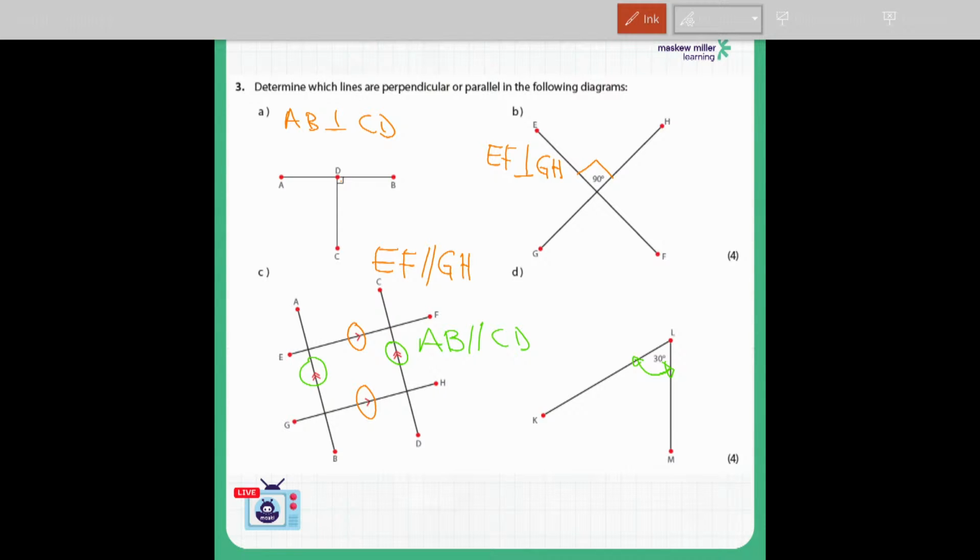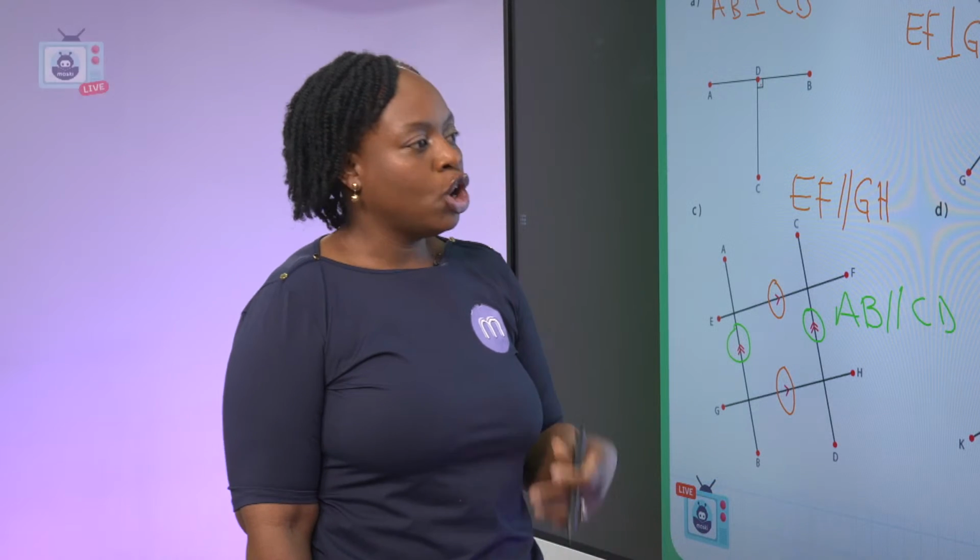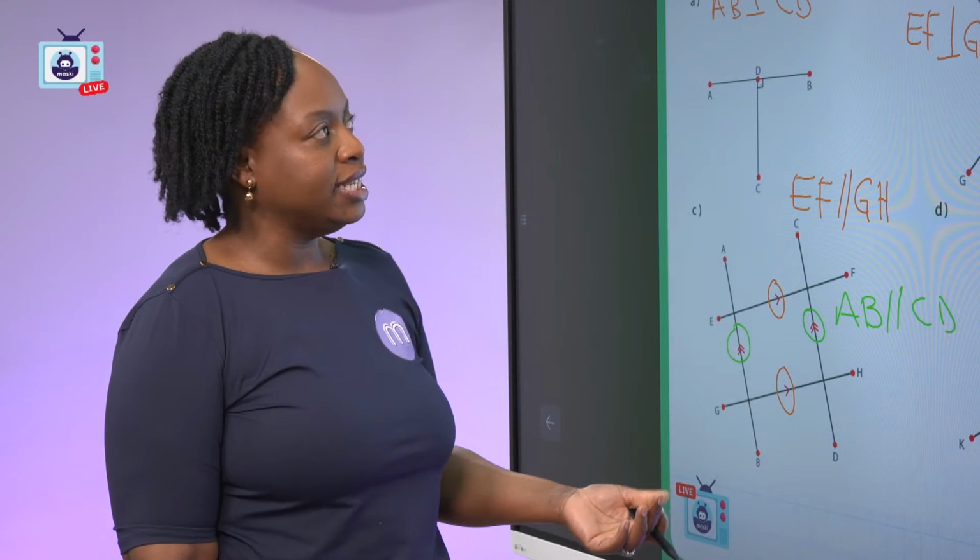So this one, you're going to just write it down and say KL is not parallel to LM, as well as KL is not perpendicular to LM. That is very important that you put it down because you would have to get marks for it as well.